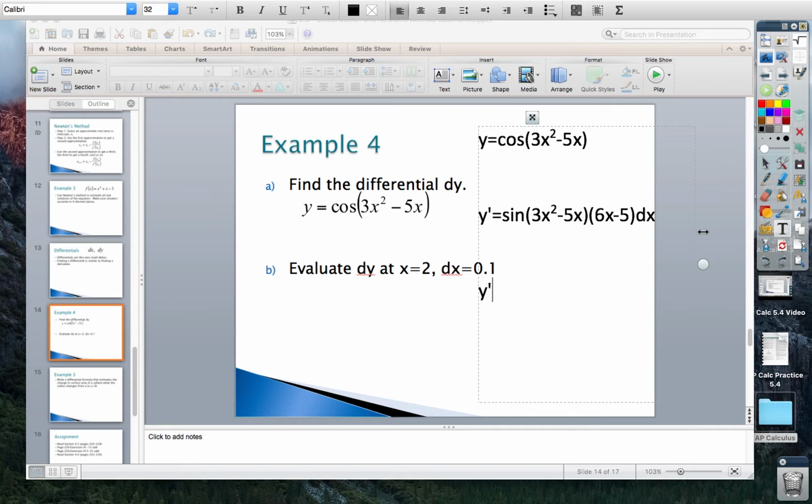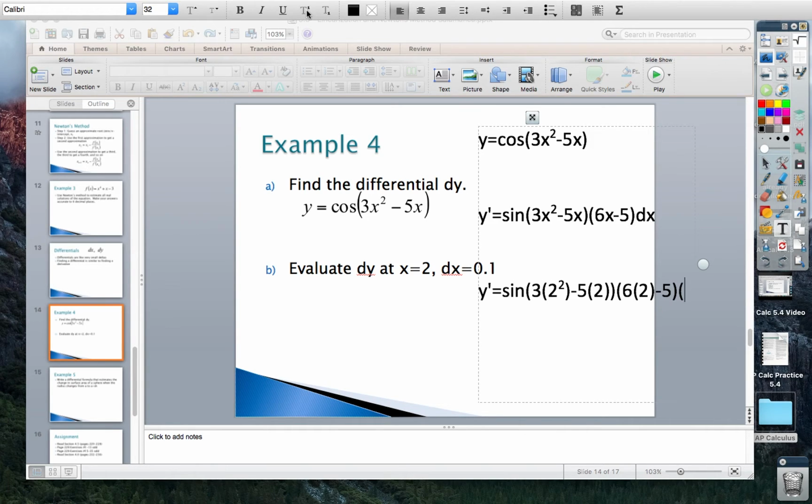So y prime equals sine of 3 times 2 squared minus 5 times 2, times 6 times 2 minus 5, times dx.